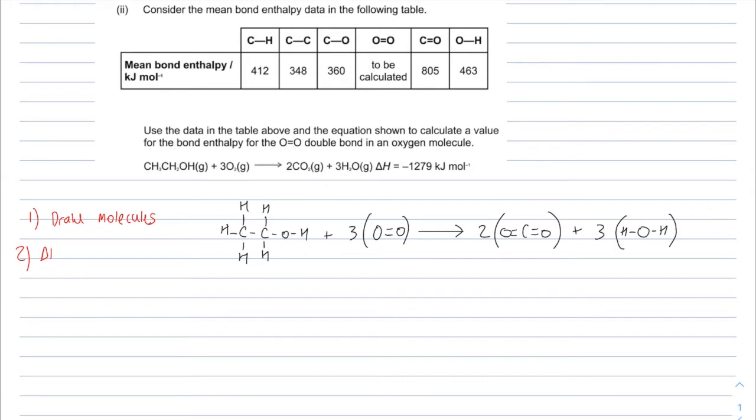Second step is writing down the formula for enthalpy change, which is delta H equals bonds broken, take away bonds made. And remembering, bonds are broken in the reactants and made in the products.